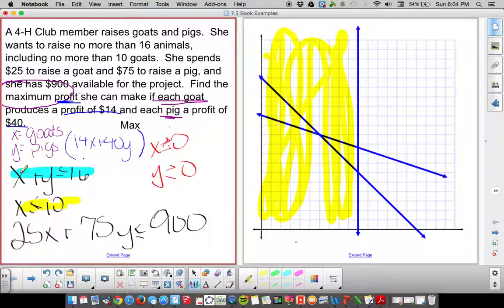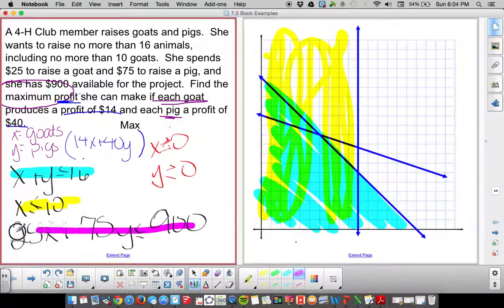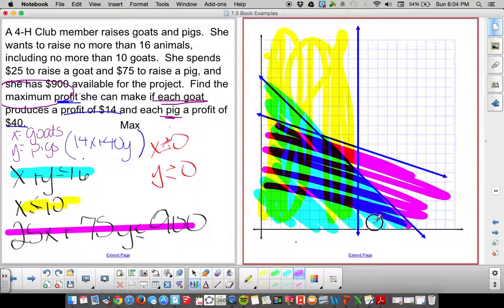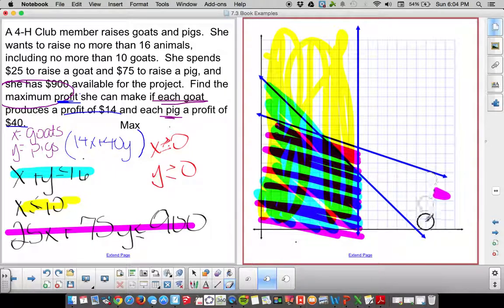So if I test 0, 0, I'm going to shade below that line. And I know also that 25x plus 75y is less than or equal to 900, so that tells me that I am shading below. So now I know exactly where my feasible region is. It's where all three of those solutions overlap. So I'm going to erase what I don't need here.